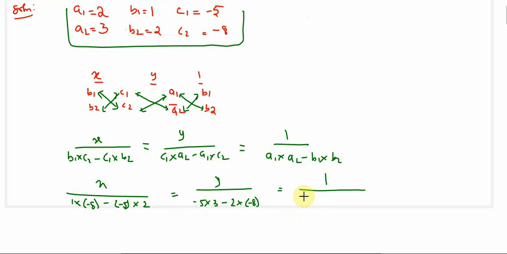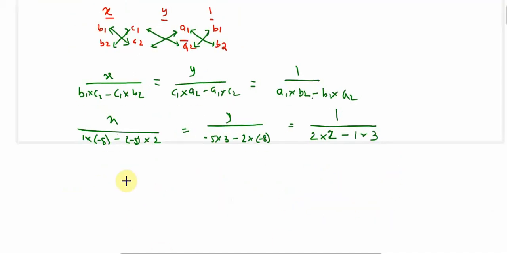No, it will not be a1 into a2, it will be a1 into b2, right? So we have made a mistake. It will be a1 into b2, and this will be b1 into a2. So a1 into b2 and b1 into a2, because we need to cross multiply. So a1 is equal to 2 into b2 is equal to again 2, b2 is also 2, minus b1 is equal to 1, and a2 is equal to 3.